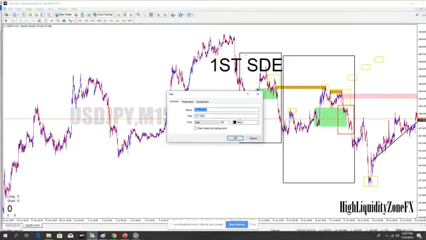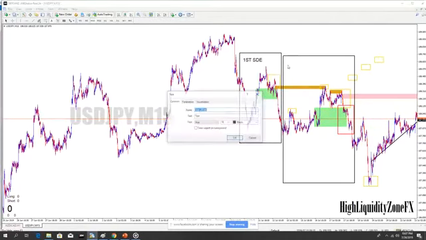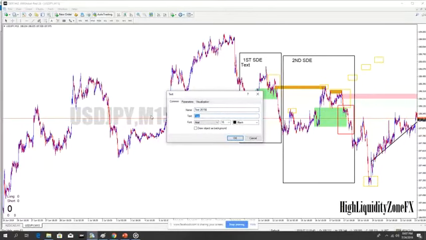I know this is a bit complicated, but you're going to have fun with this one. Trust me. First SDE, after it happens, it becomes SDE.